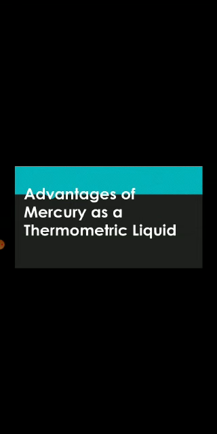Okay students, now the next advantage: the boiling point of mercury is 357 degrees Celsius. Here you can see the value is given as 356.9 degrees Celsius, which is nearly equal to 357 degrees Celsius. And the freezing point is given as minus 38.87 degrees Celsius, which is nearly equal to minus 39 degrees Celsius.